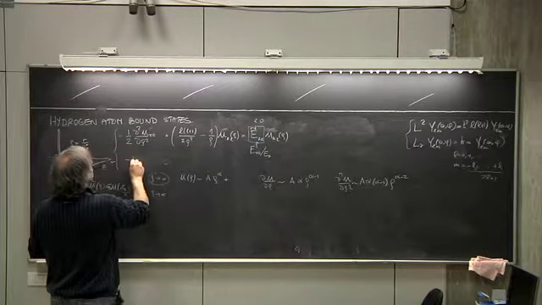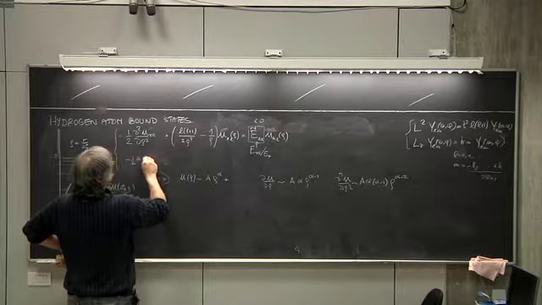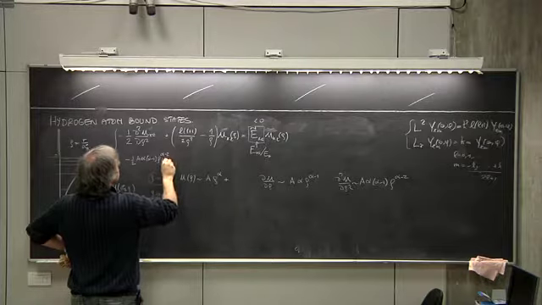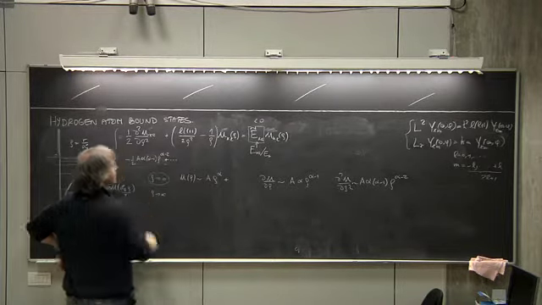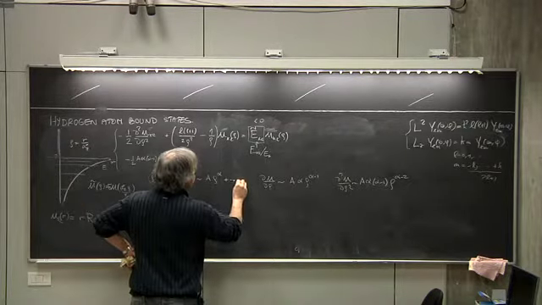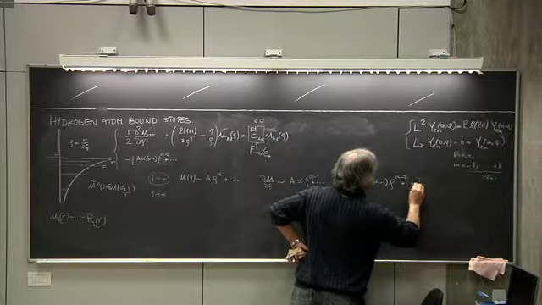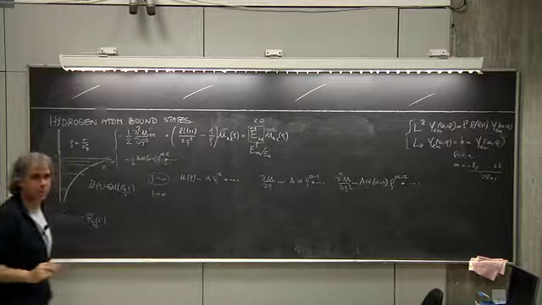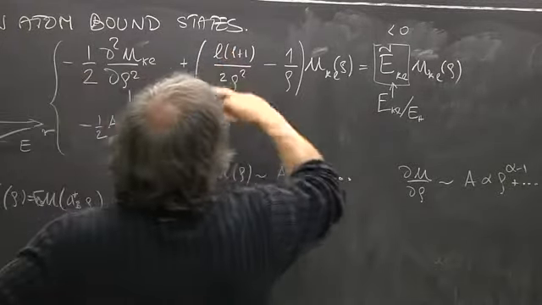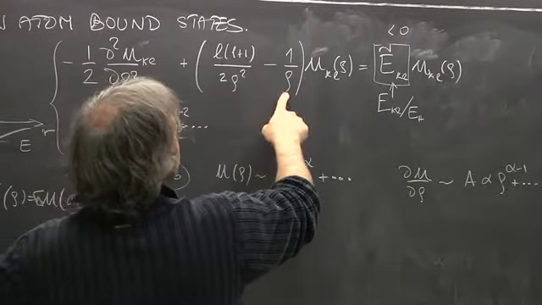This would be minus 1/2 times alpha times alpha minus 1 rho to the alpha minus 2, plus dots. Whatever was plus dots here would be here and here: higher powers of rho. Good, so this comes from there. What about this? Well, this has a 1 over rho square, and this has a 1 over rho.